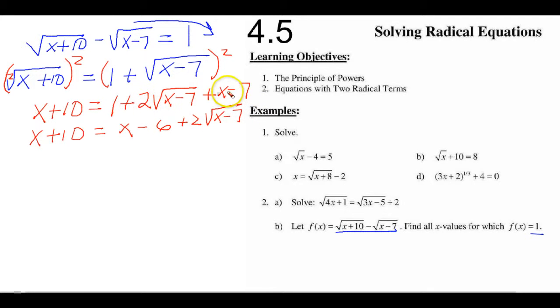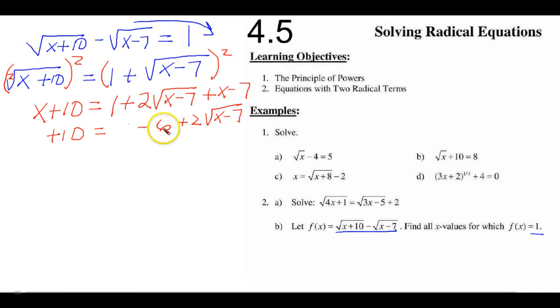So I have a 1 and a negative 7. That gives me the negative 6. I'm just putting this x right here. Because what happens now? Well, I subtract x from both sides, and to save room, I'm just going to erase it, because those cancel out.